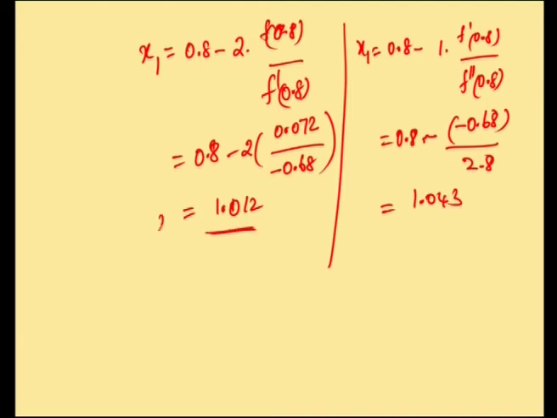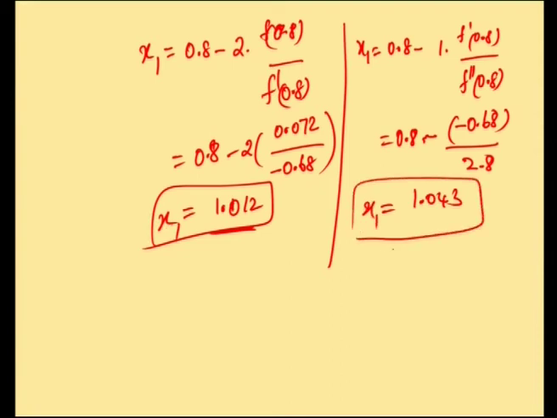Now you can see x1 is 1.012 and x1 is 1.043. So these two values say that our root is nearer to 1.0. Next approximation, we shall start with x1 equal to 1.01.